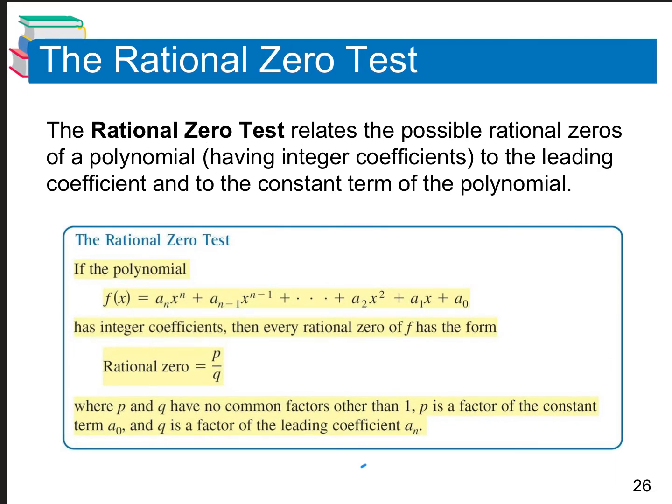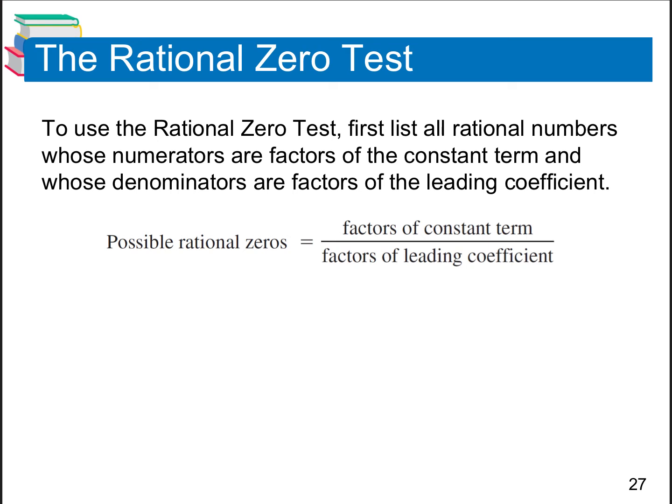P is the constant term, so it's going to be at the end. And our Q is our leading coefficient. For our intents and purposes, we're only going to do P over Q when your leading coefficient is 1. In other math classes, you guys will see where the leading coefficient is greater than 1, and it just makes the problem a little longer. But for what we're going to do, our leading coefficient is always going to be 1.